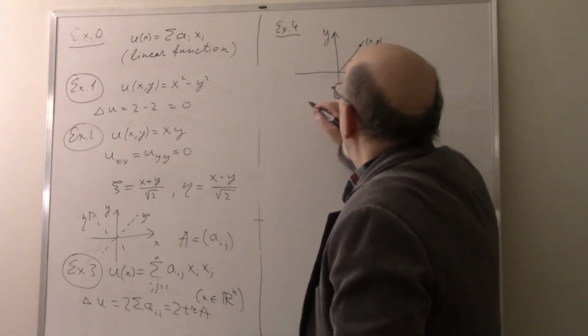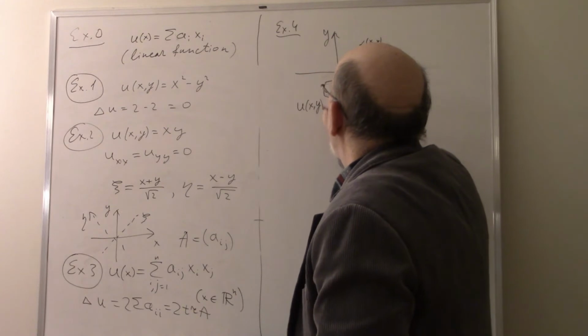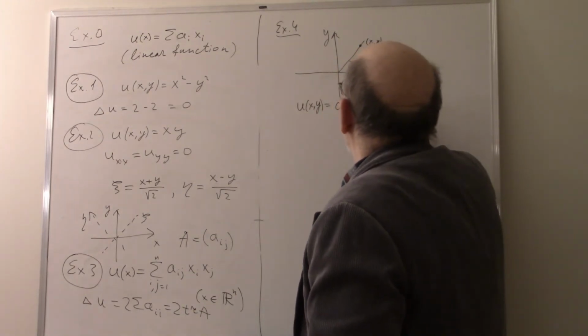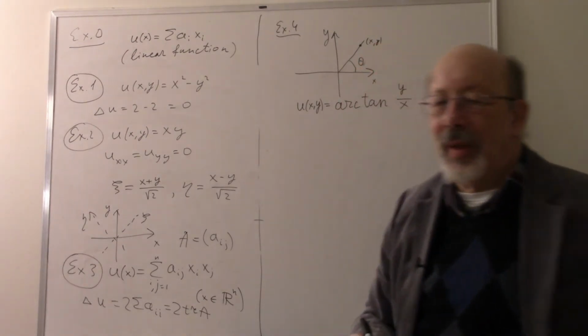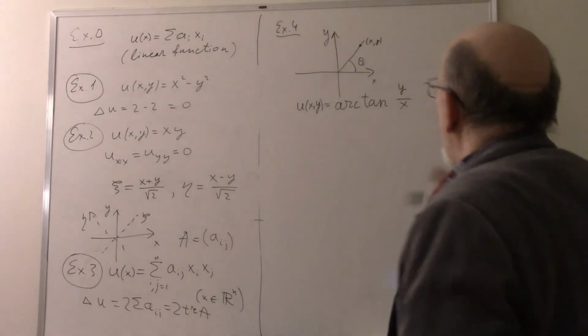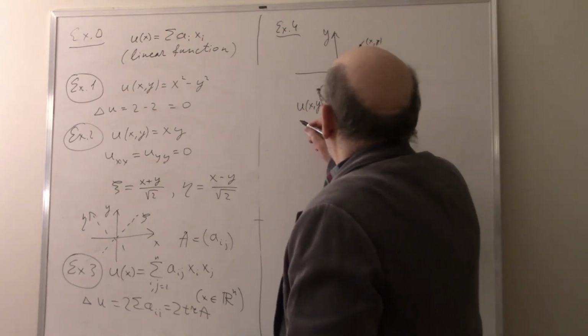So analytically we can write it u of xy equals arctangent y over x. So this angle. Okay, so let us find its first derivative.